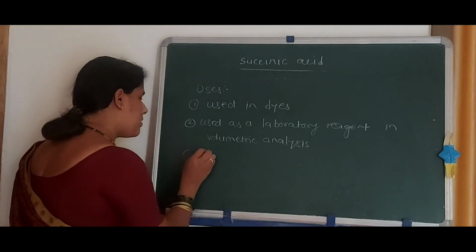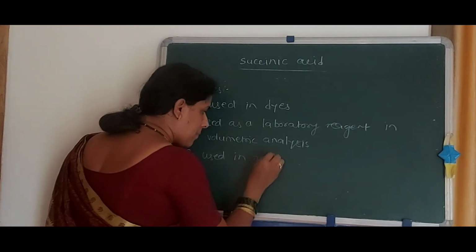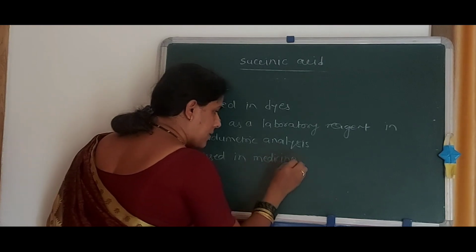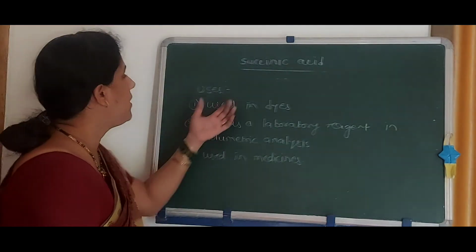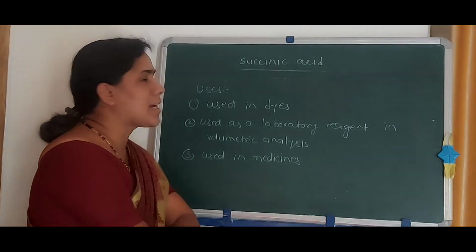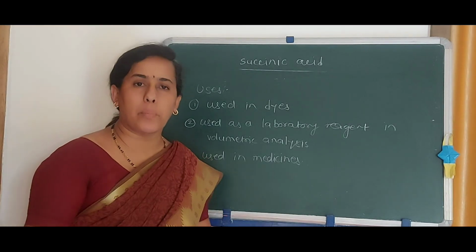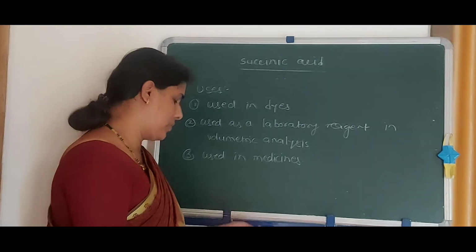And third, it is used in medicines. Okay, thus in this lecture we have completed the dicarboxylic acid such as succinic acid, from its methods of preparation, physical and chemical properties, and its uses.